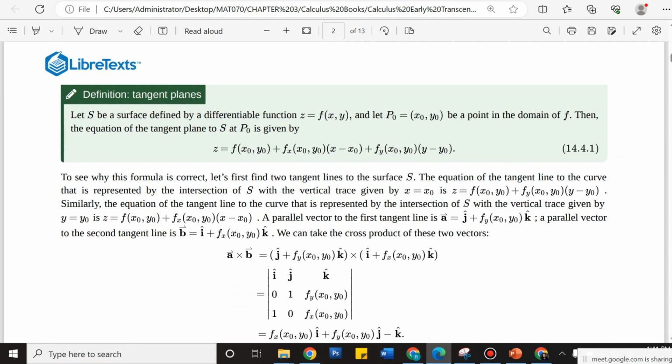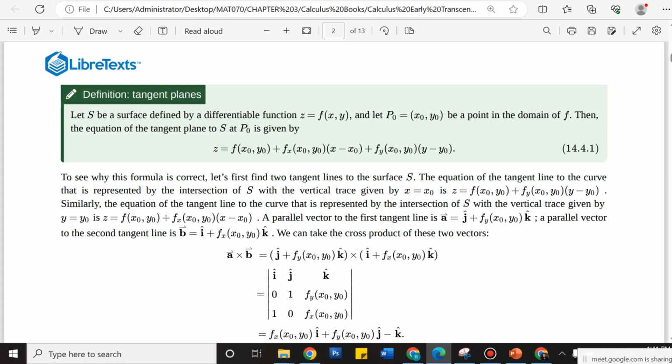So, let S be a surface defined by a differentiable function z equal to f of x, y, and P sub o equal to (x sub o, y sub o). So, diri class, we have two variables, and kaning point will come from the domain of f.